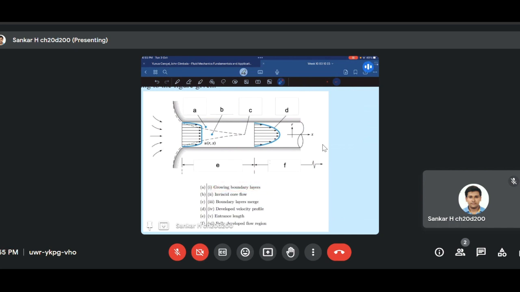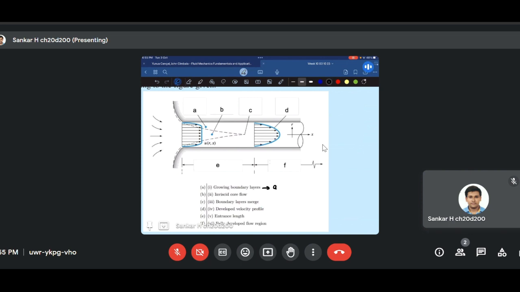As we progressively move from here to here, in this direction, what we are seeing is a boundary layer, given by this dotted line, that keeps on increasing, and that is option A. So the correct answer to this part is option A, which is the growing boundary layer.